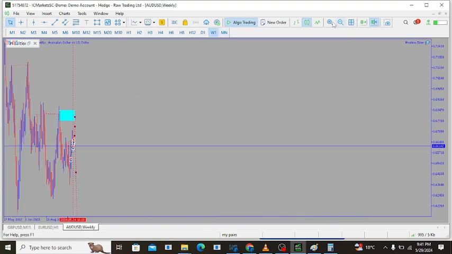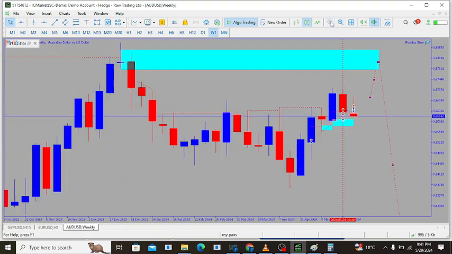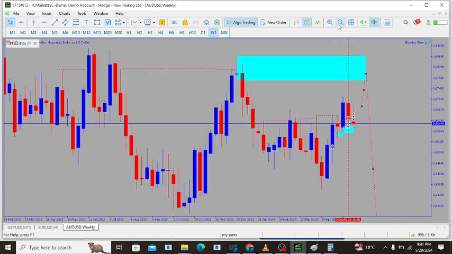Let's see, weekly. Oh yeah, this is a high probability. Nope. Let's say, you can say it took the previous high candle high.